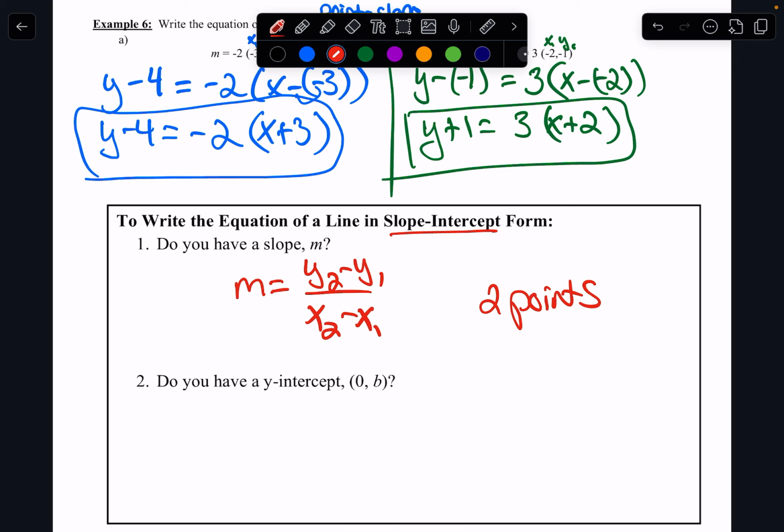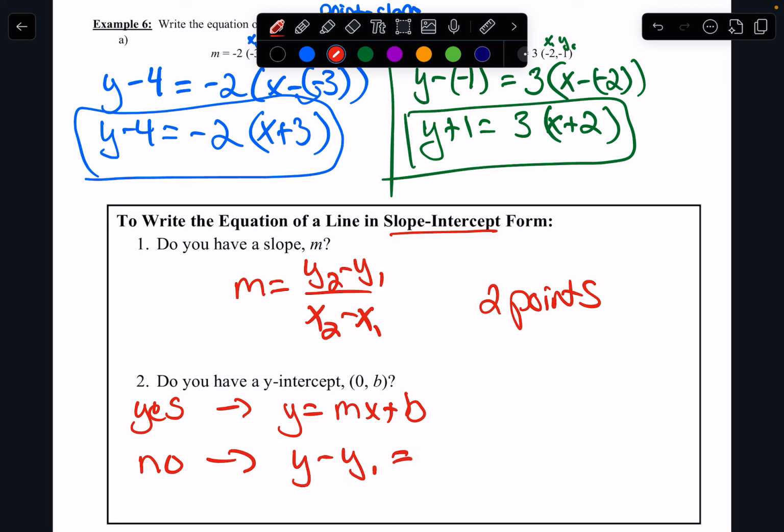Then, do you have a y-intercept, b? If your answer is yes, then you can write it in the slope-intercept form, y equals mx plus b. If your answer is no, then you're going to use the point-slope form.